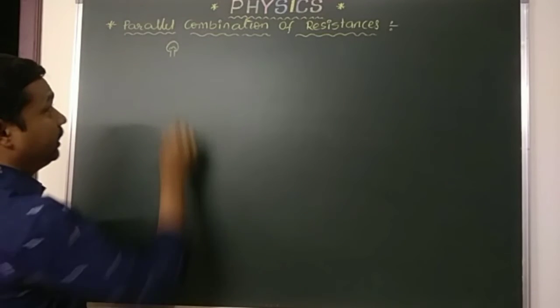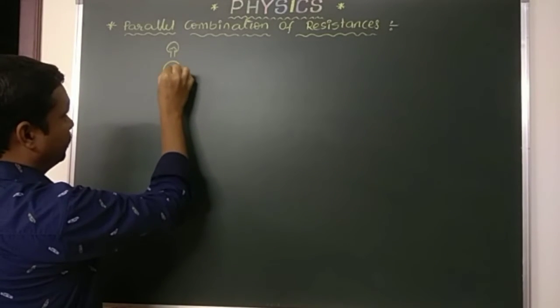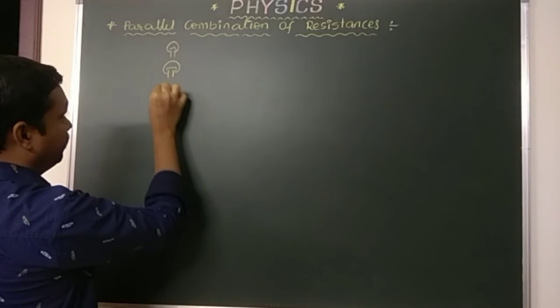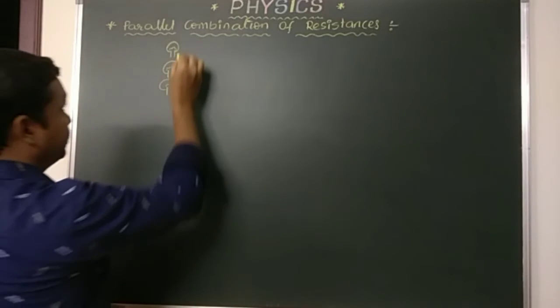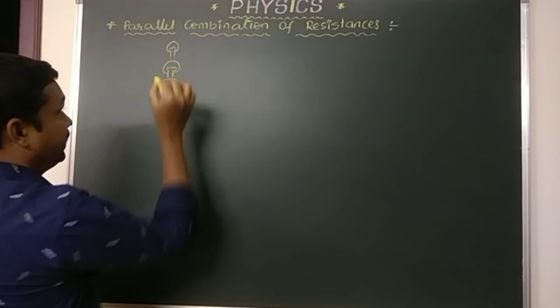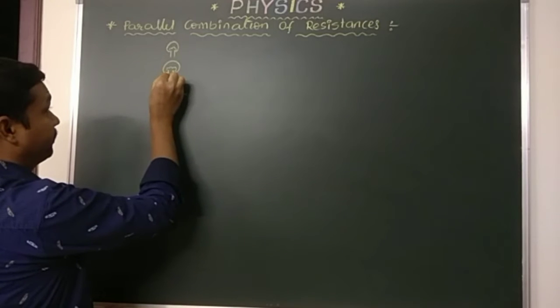This is one electric bulb. This is one more electric bulb. And I am taking a third electric bulb with different resistance. This is the first terminal, this is first, this is first, this is second. The first terminals are connected at one common point.